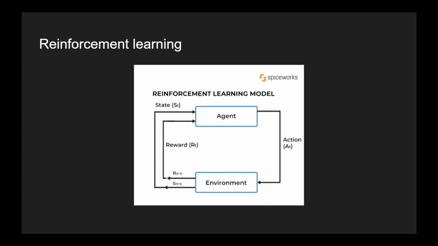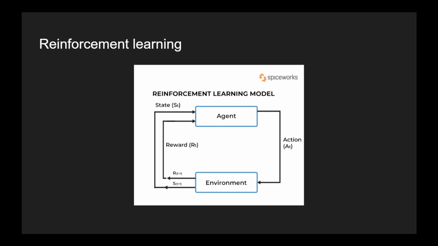We are mainly using reinforcement learning. Reinforcement learning is a machine learning approach where an agent learns to make decisions by interacting with an environment to maximize cumulative rewards. The agent observes the current state, takes action, receives feedback in the form of a reward, and transitions to a new state.